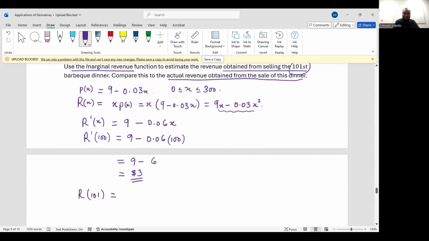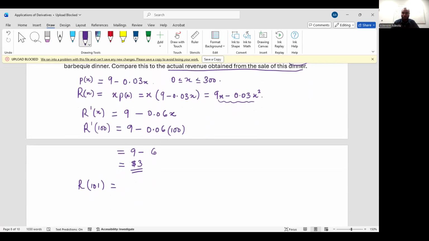So what is R of 101? This is the function for R. So that is 9 times 101 minus 0.03 times 101 squared. So R of 100 as well is 9 times 100 minus 0.03 times 100 squared.